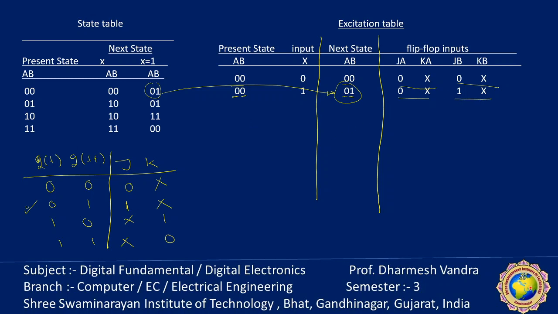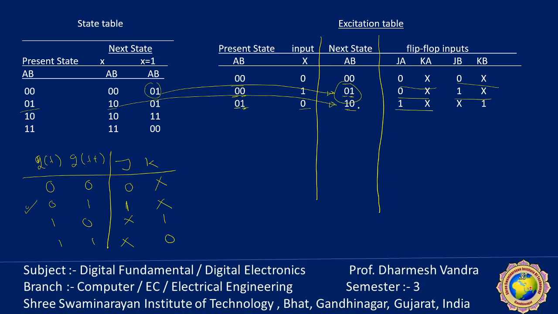Now 0 1. If present state is 0 1 and x is 0, the next state is 1 0. A(t) is 0, A(t+1) is 1, so 1x.